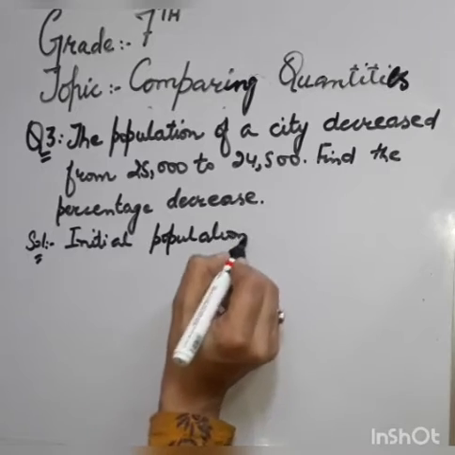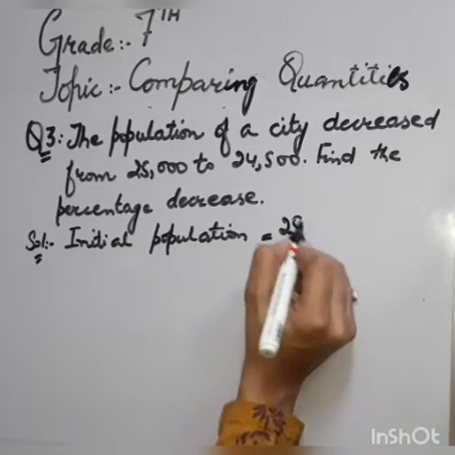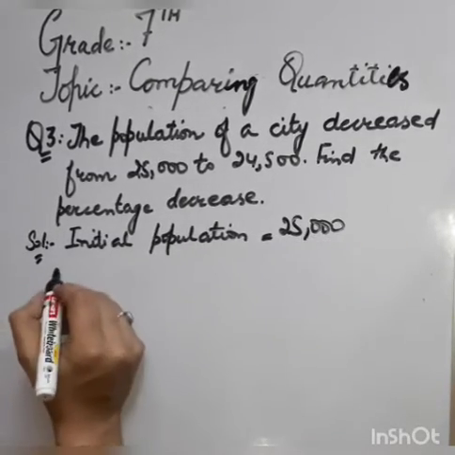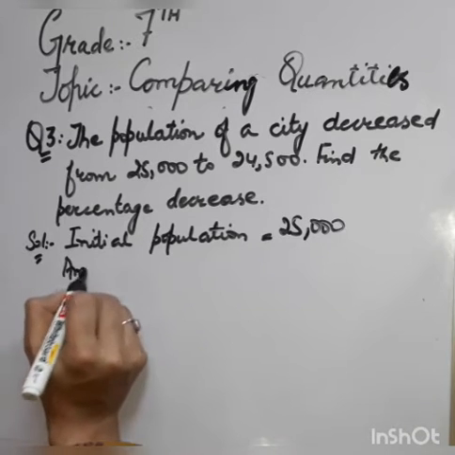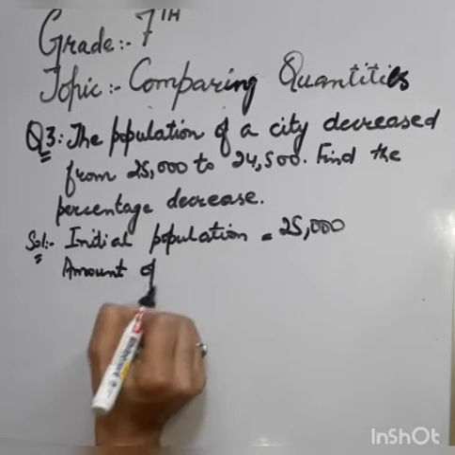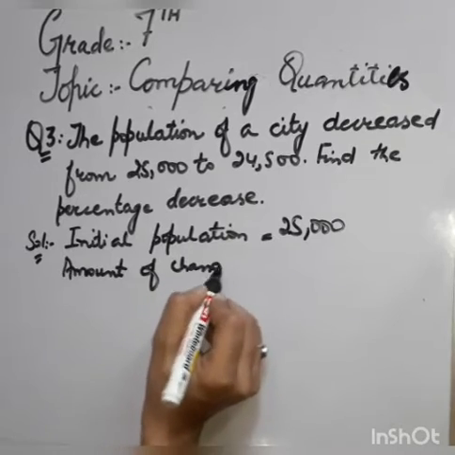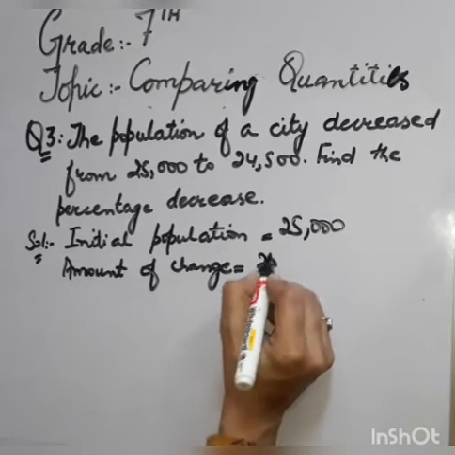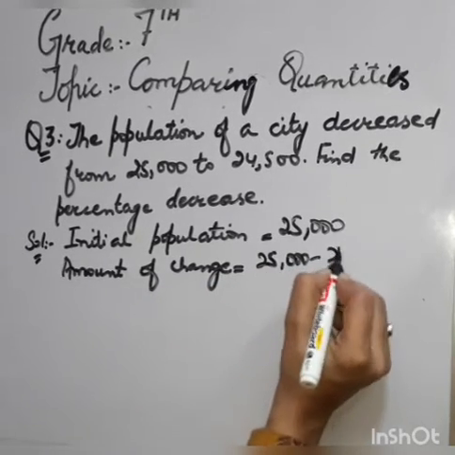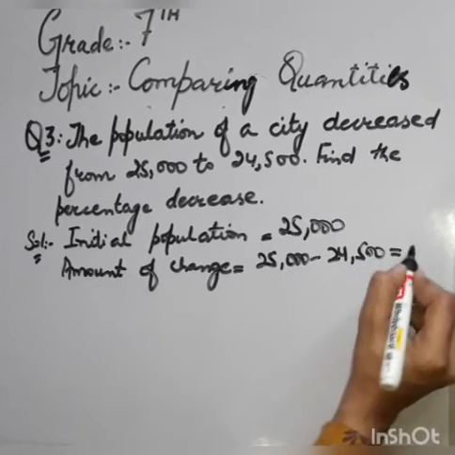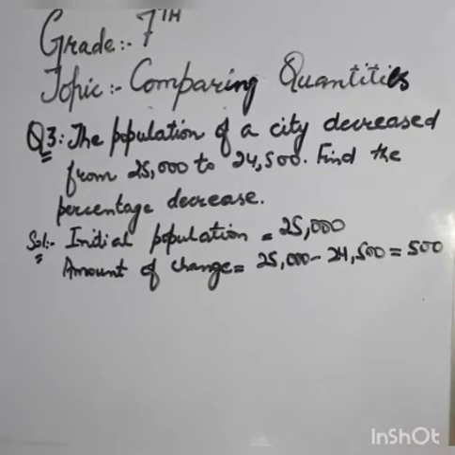Initial population is 25,000. Then we have amount of change. How much change has come? 25,000 minus 24,500, which is equal to 500.